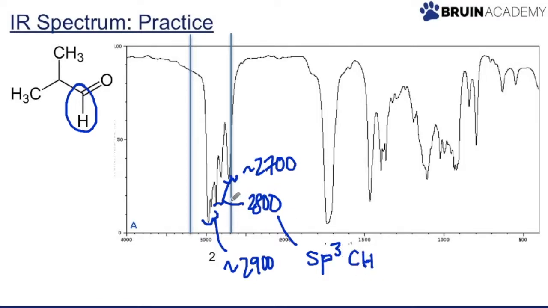I'm actually going to put, this looks more like 2850-ish. So I'm going to put 2850 here. This represents an sp3 CH, and these are where the methyl groups are. Usually these peaks aren't super helpful since a lot of molecules tend to have methyl groups or CH bonds that are not sp2. So I wouldn't use this as a super definitive indicator of what's in the molecule, but it's good to keep an eye out for those so you can see what you're looking at.